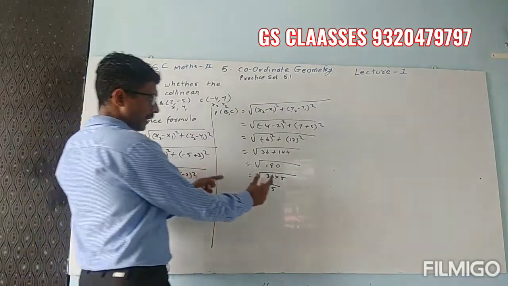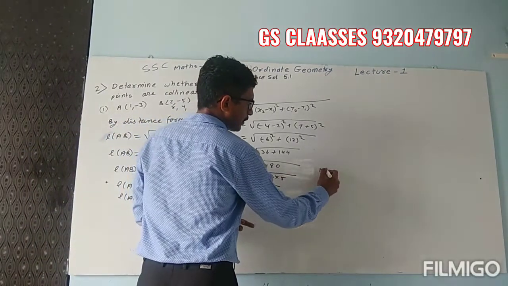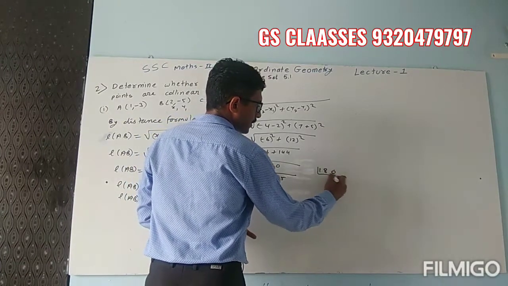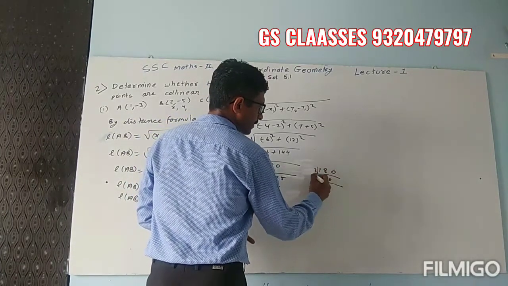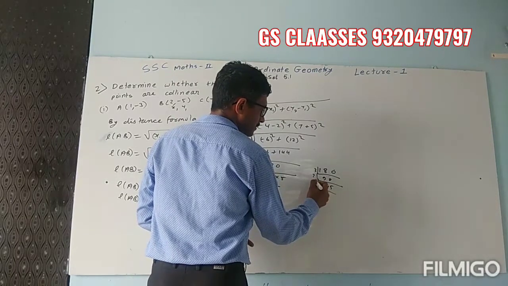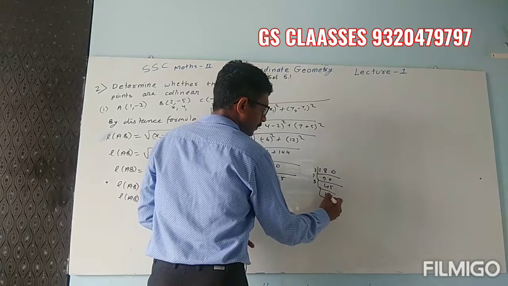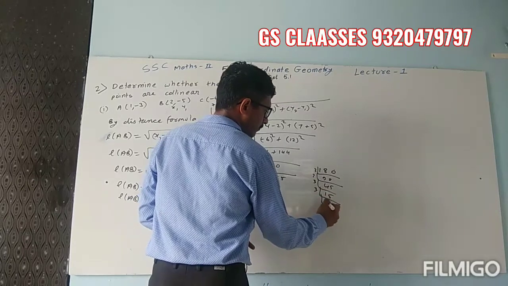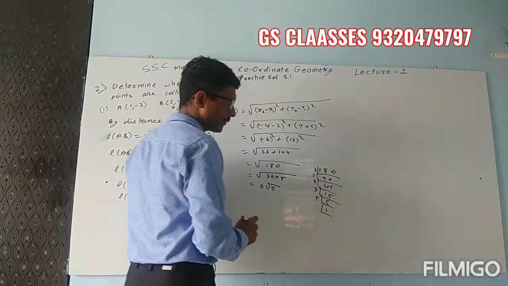If suppose you are finding how we got this step, it's very easy to calculate. You take 180 divided by 2, 90, then 45, then you can divide it by say 3, 15, now 3, 5, then 5, 1.